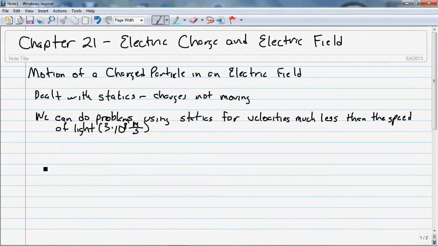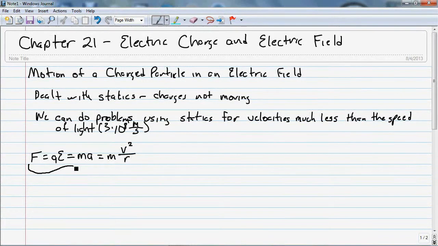So if we think about the biggest thing that we've talked about, it is the force. And the force can be represented electrically as the charge times the electric field. And mechanically, it would be the mass times the acceleration. And rotationally, it's the mass times the velocity squared over the radius.